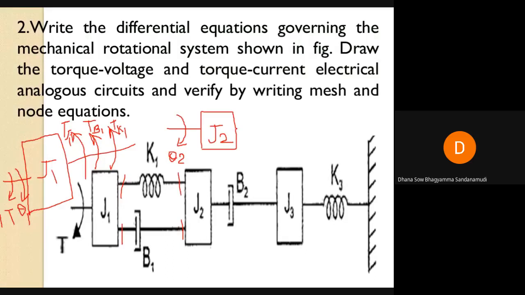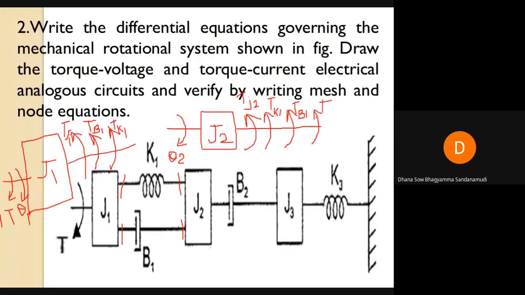Let us see how many opposing torques there are. One opposing torque is due to J2. Another opposing torque is due to K1. Another opposing torque is due to B1. Another opposing torque is due to B2.